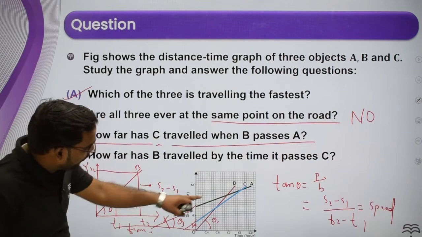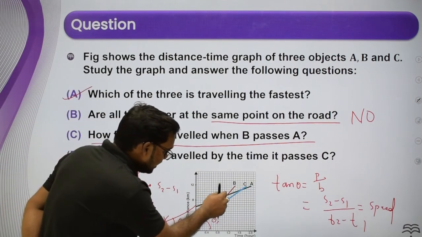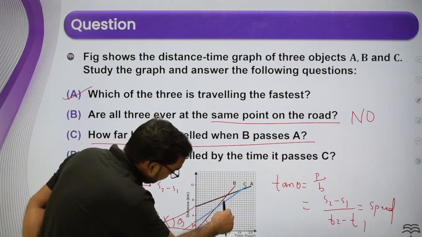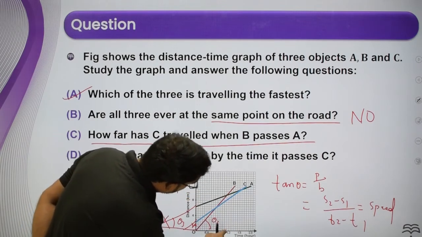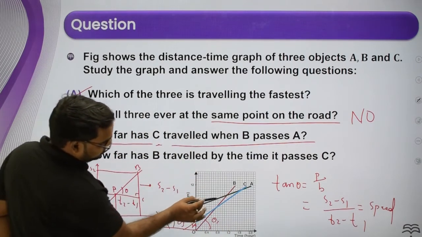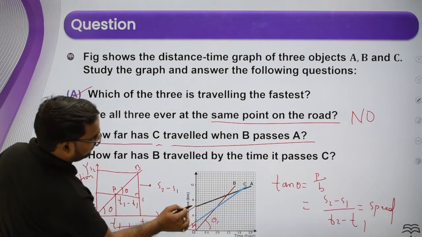This is the point where B passes A. Corresponding to this point, you can say it's almost near 1.2. So corresponding to this time, tell me the distance traveled by C.